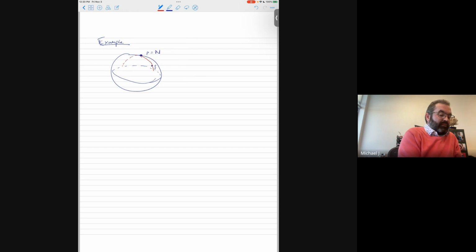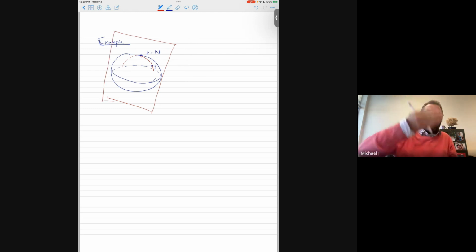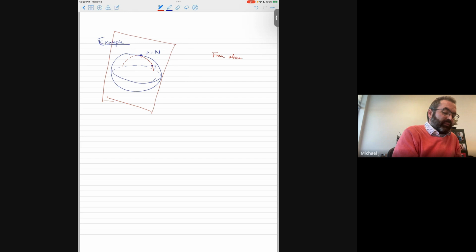I can realize a great circle by taking the correct vertical plane and slicing through the sphere. Looking from above, here is the North Pole, that's the equator, and my point Q is somewhere right here.